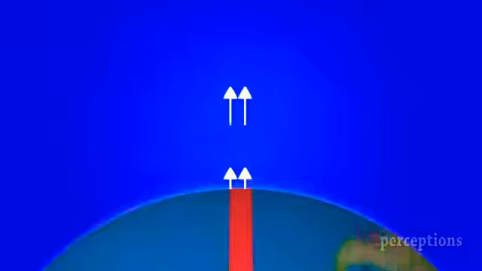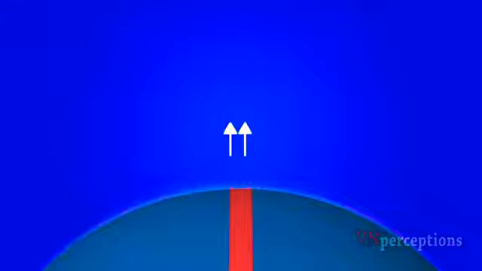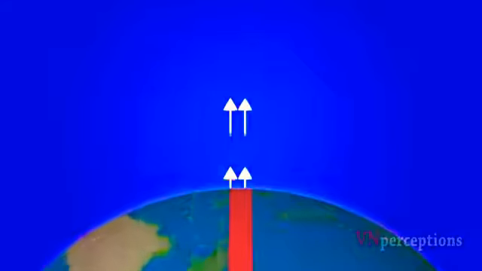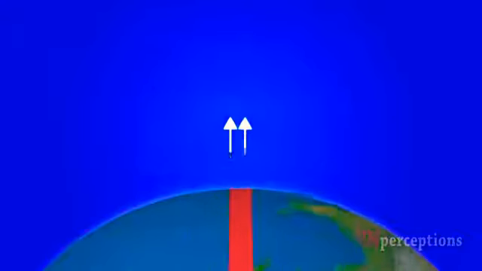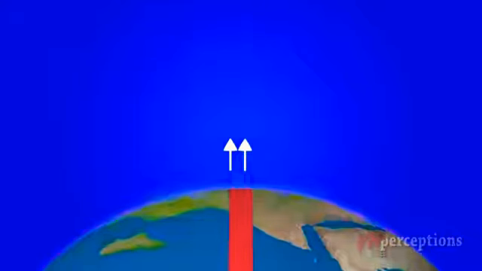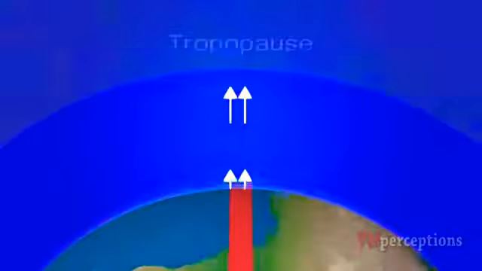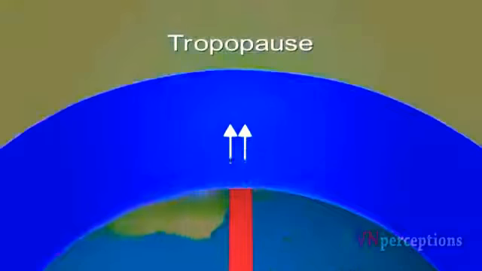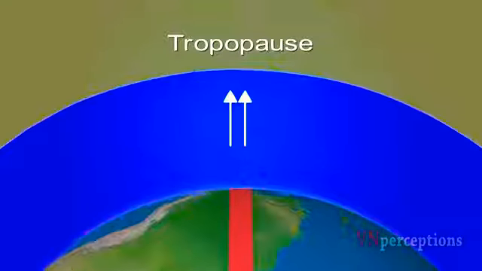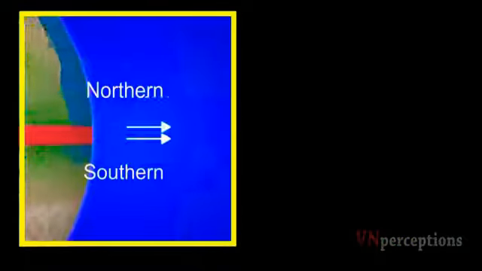The warm air starts rising up in the troposphere, and as the warm air is rising, the temperature drops. After rising up to a certain point, it stops rising because it becomes cooler and is obstructed by the tropopause. So the air spreads out. The air starts moving in the southern and northern direction.